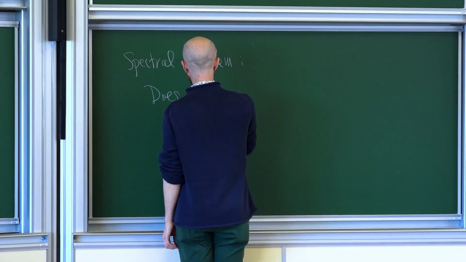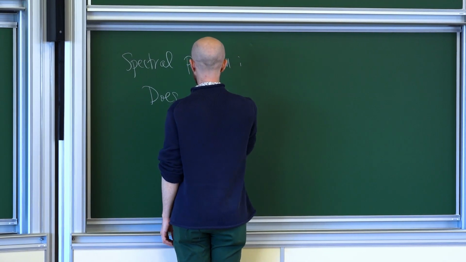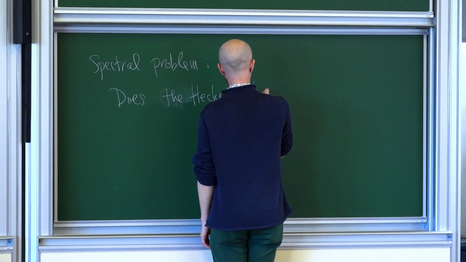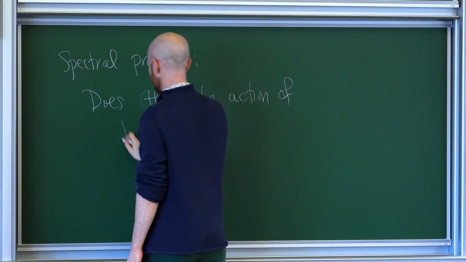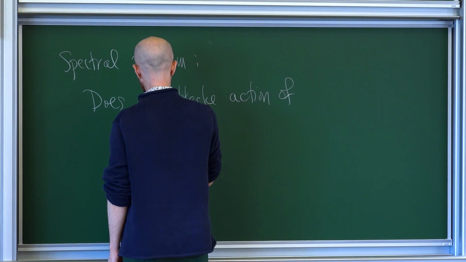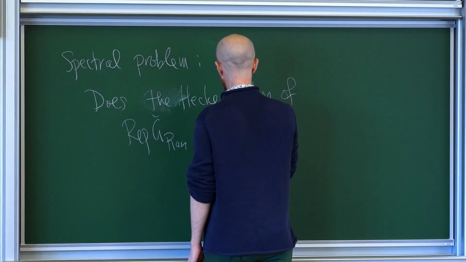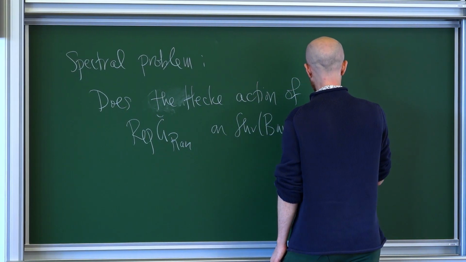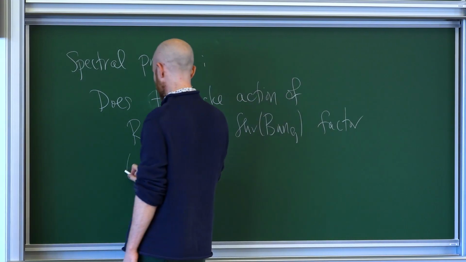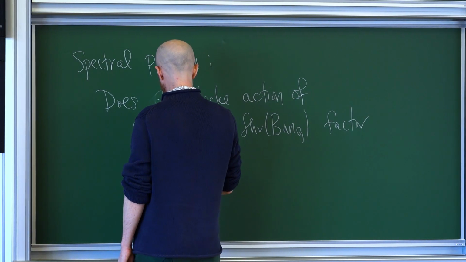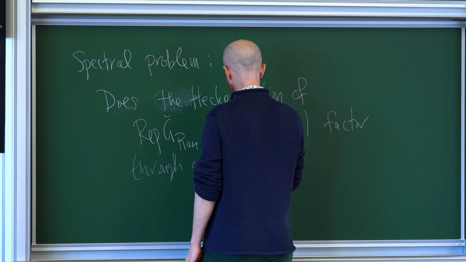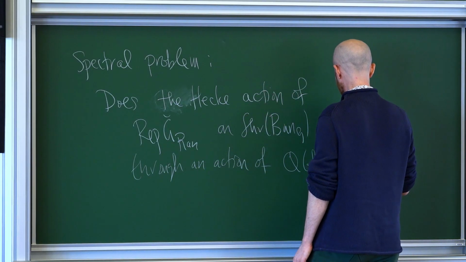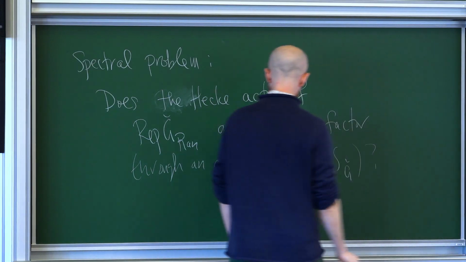Does the action of Rep G-check on sheaves on Bun_G factor through an action of QCoh of LocSys G-check in the various settings?